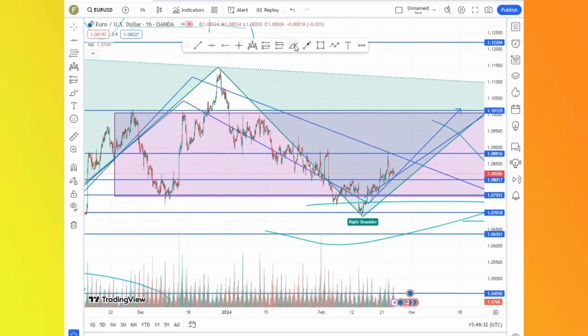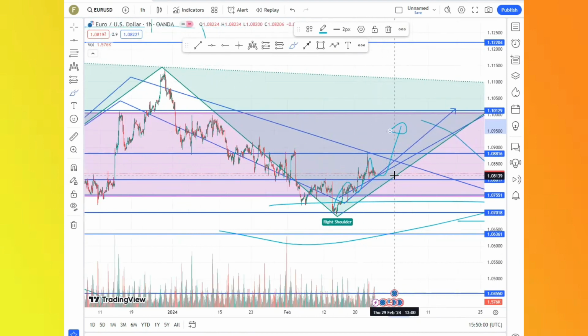Seeing that we have these beautiful levels, we can see that this is our first level, second level, third level, and where the market will try to play before going to the upside to give us our inverse head and shoulder entry point. So our first entry point was supposed to be here or here, but however we're having a beautiful inverse head and shoulders confirmation of an entry point here.